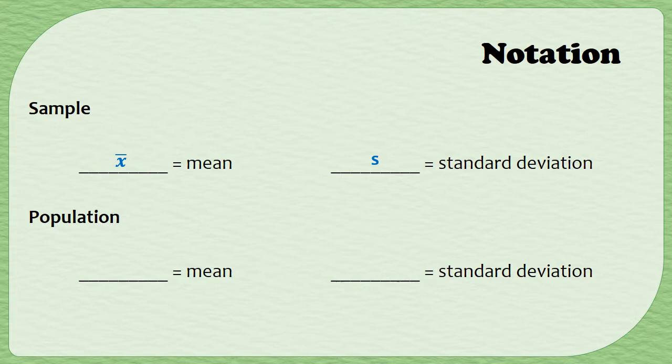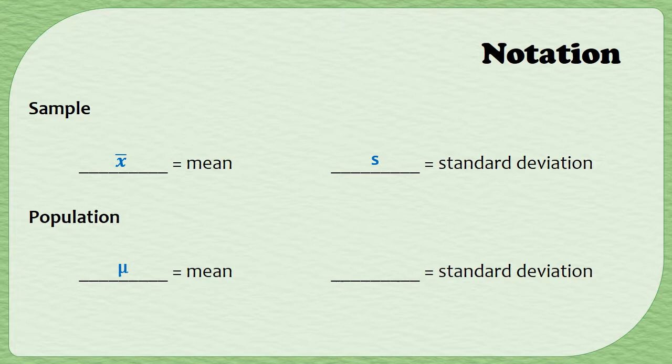For the population, instead of using our normal letters, we're going to go with some Greek letters. So we're going to see what those symbols are. We're going to talk about how to pronounce them, make sure we know how to say these symbols. So the symbol for a population mean is going to look like kind of like a U with a long tail on the left, or some people think it looks kind of like an M, where the middle part of the M is squished into the sides.